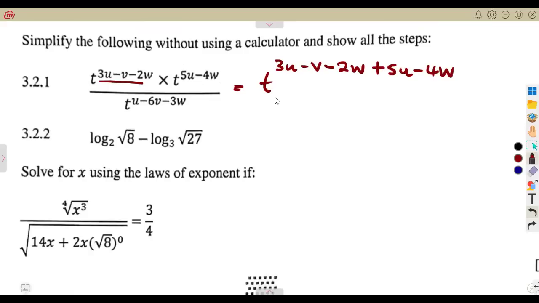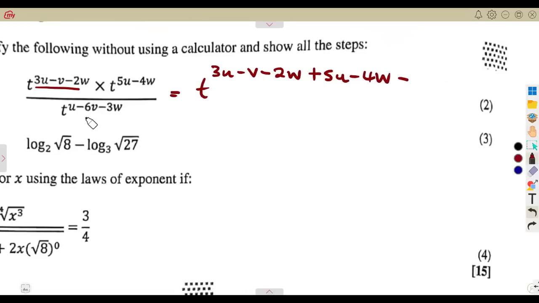But remember, when you are dividing, you're supposed to subtract. So you're going to subtract the part that we are given here as it is. You're just going to open a bracket for this: u minus 6v minus 3w. All right, so this is what we're going to have.